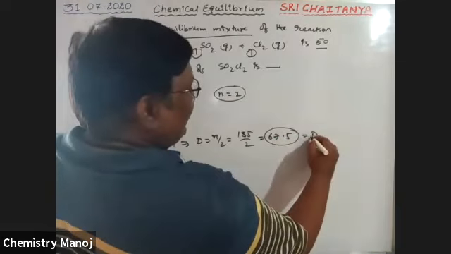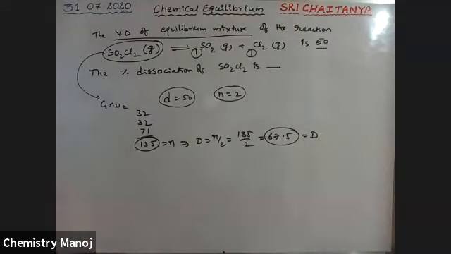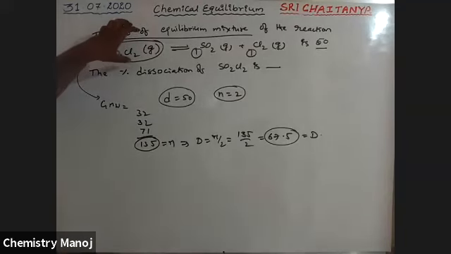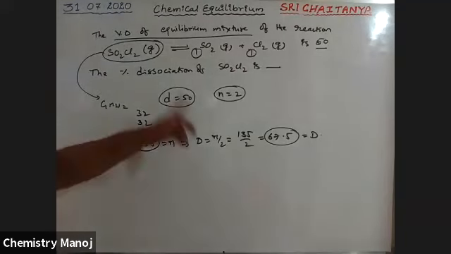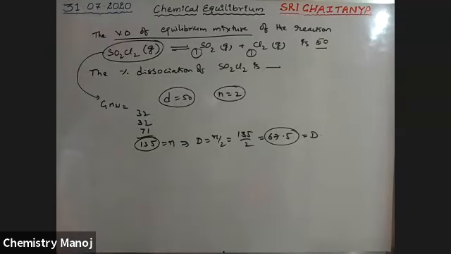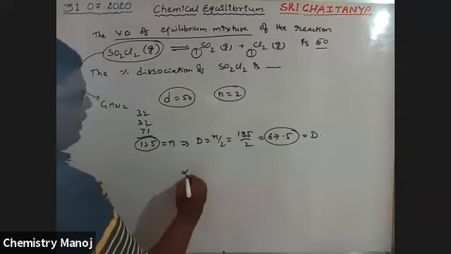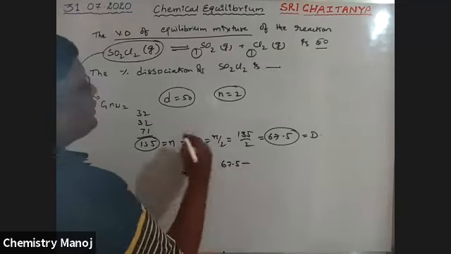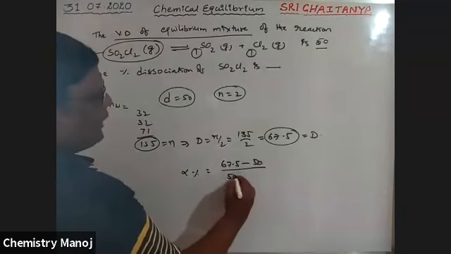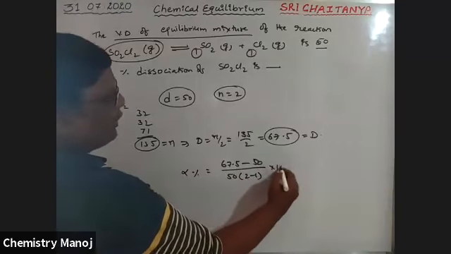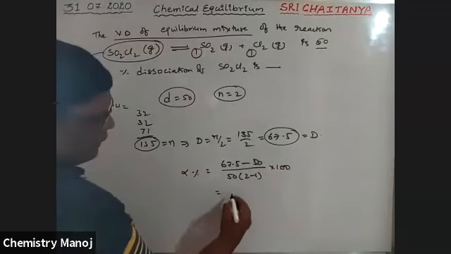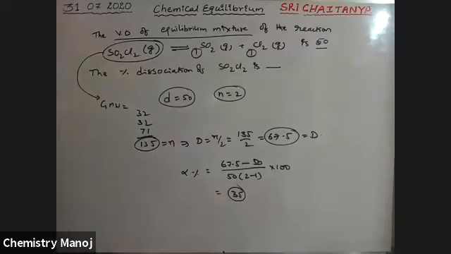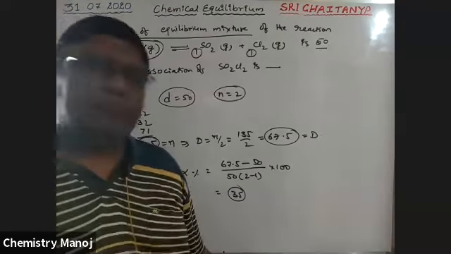This is capital D, only the initial. Therefore, alpha percentage is equal to (67.5 minus 50) by (50 into (2 minus 1)) into 100. Finally we have the answer 35, the percentage degree of dissociation.